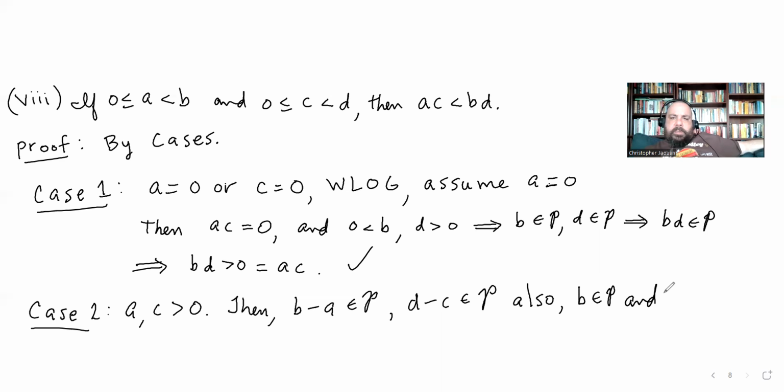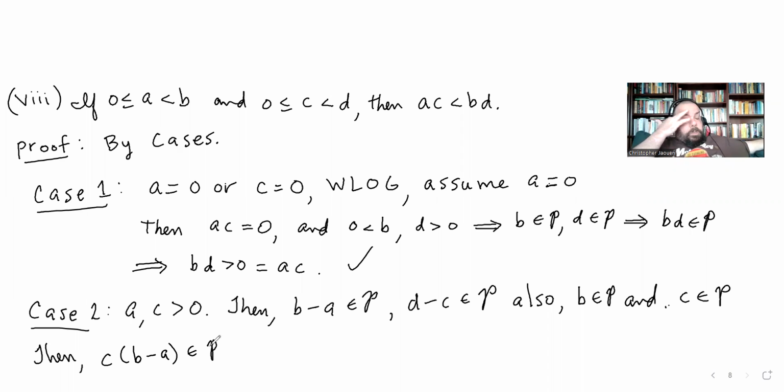I want to show that AC is less than BD, so I think I need C, D. C is also positive by the hypothesis, then C times B minus A is positive by closure, which means that BC minus AC is positive, or in other words, BC is greater than AC.